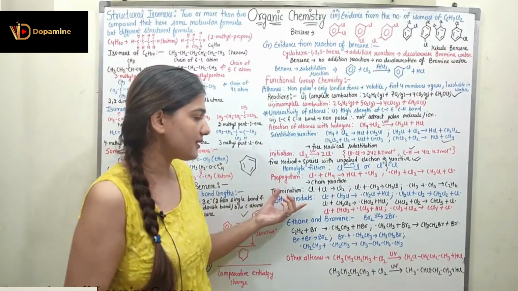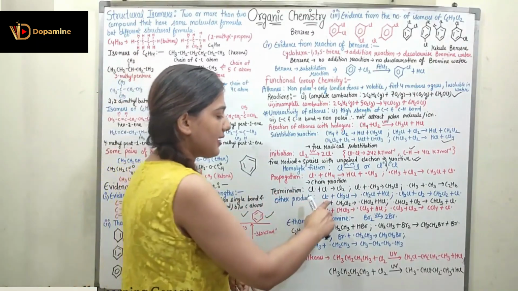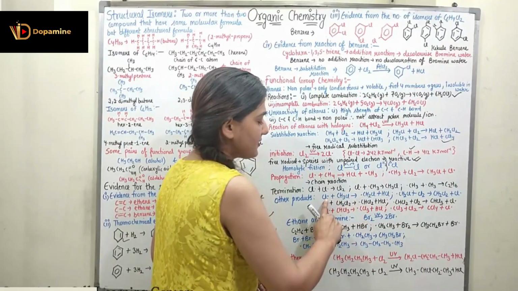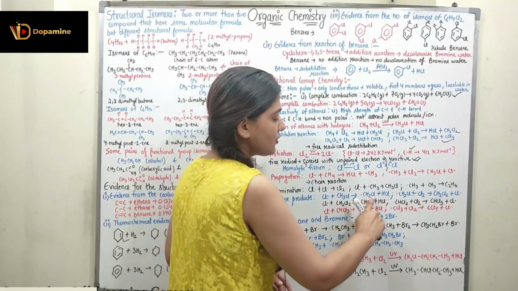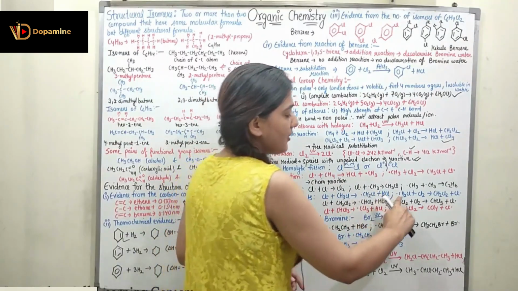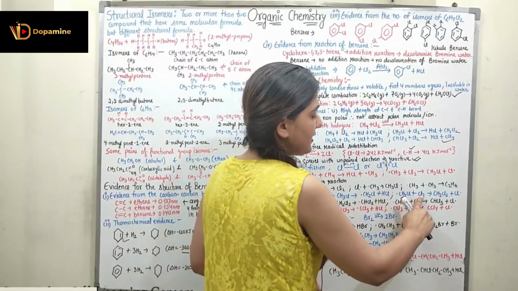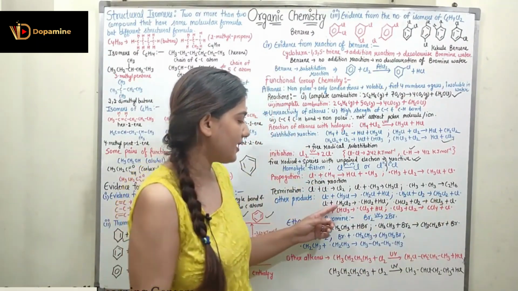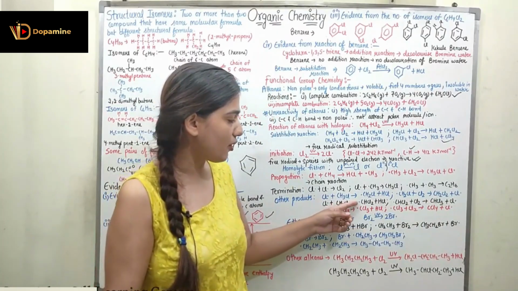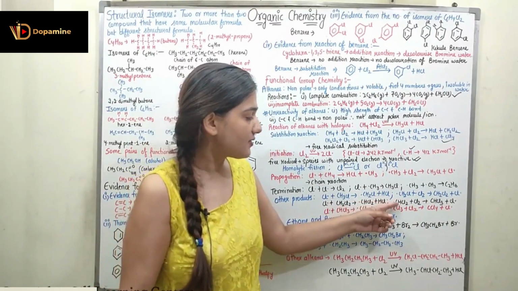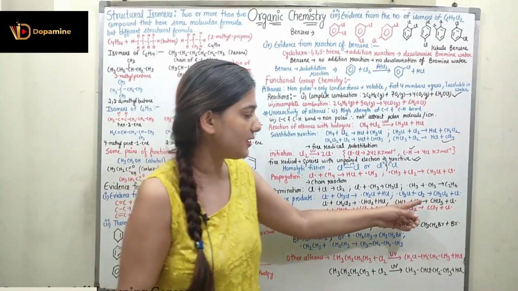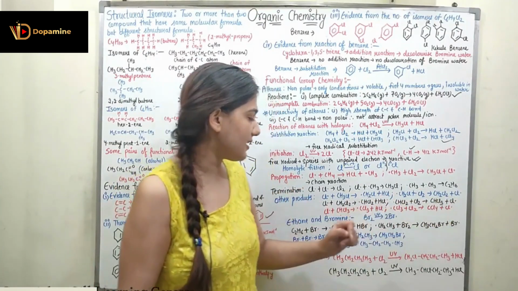We can have other products as well. Cl free radical can react with CH3Cl to generate CH2Cl free radical plus HCl. Now CH2Cl free radical plus Cl2 can give CH2Cl2 plus Cl free radical. This Cl free radical can react with CH2Cl2 to form CHCl2 free radical plus HCl. The CHCl2 free radical plus Cl2 gives CHCl3 plus Cl free radical.